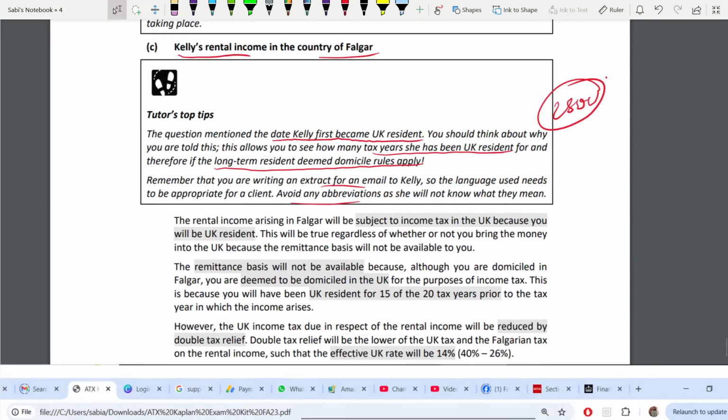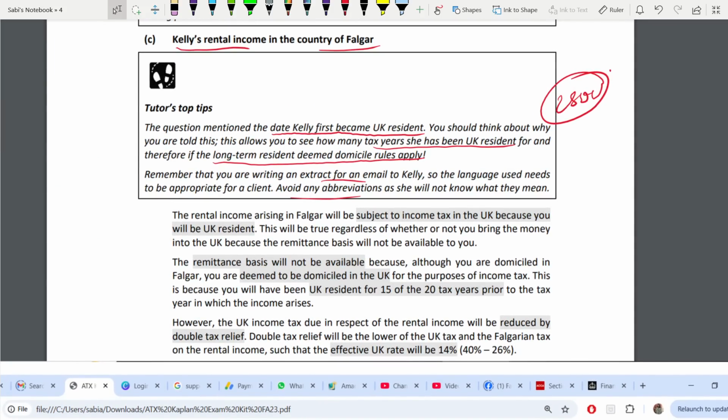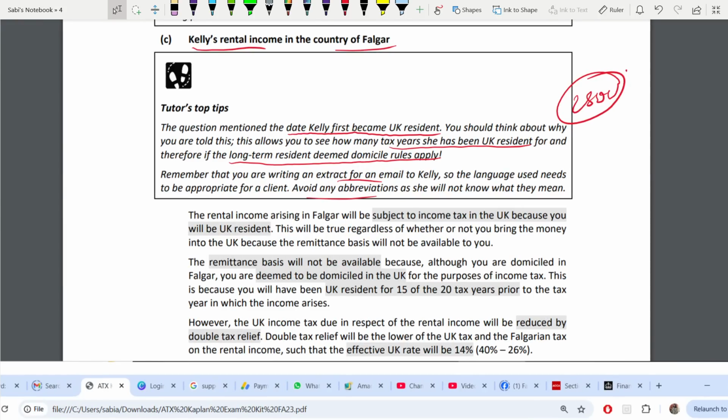Here, he has been UK resident for 15 out of the 20 tax years before the tax year in which the income arises. From 2001, if you take 20 years, it's to 2021.